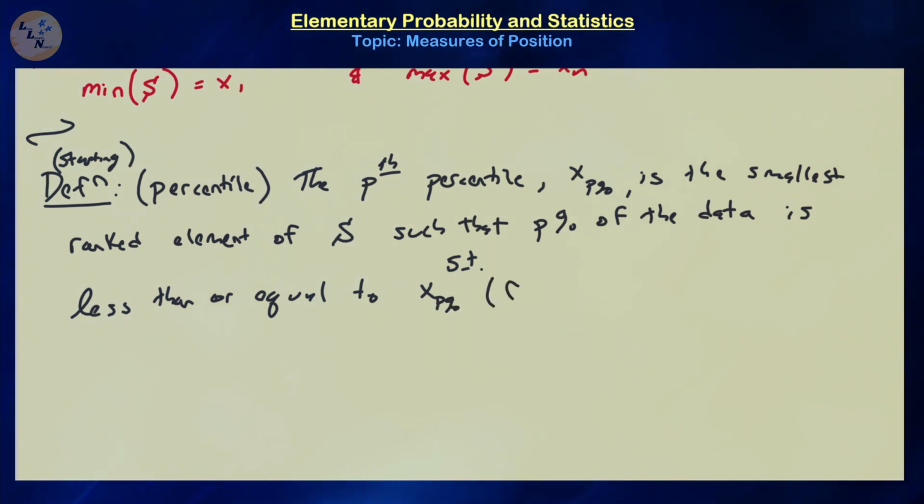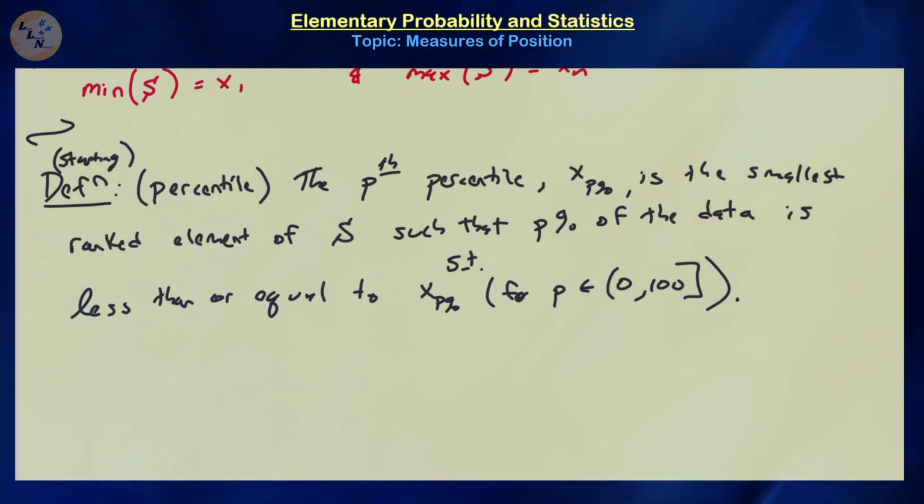And here this number, p, must lie in the continuous interval 0 to 100, not including 0, but including 100. So there is not going to be a 0th percentile, but there will be a first percentile up through a 100th percentile, and all decimals in between.